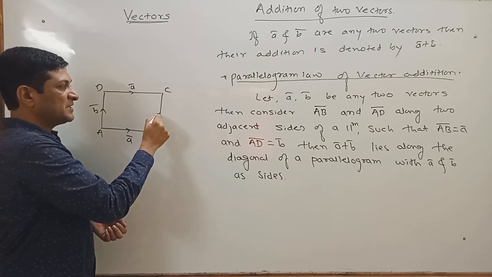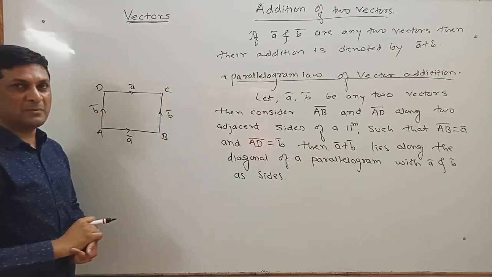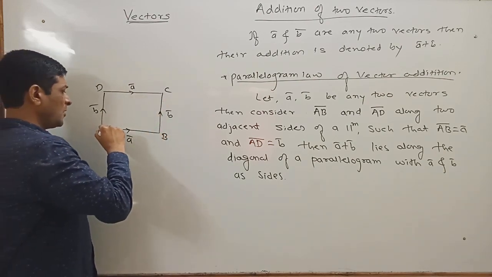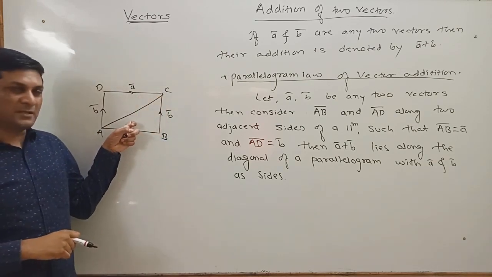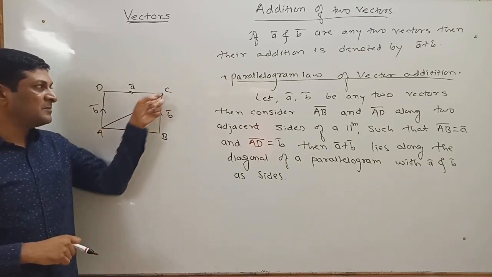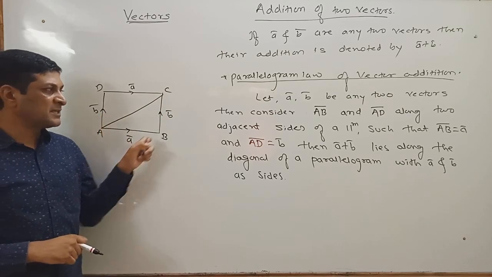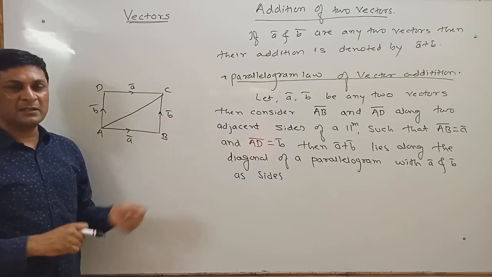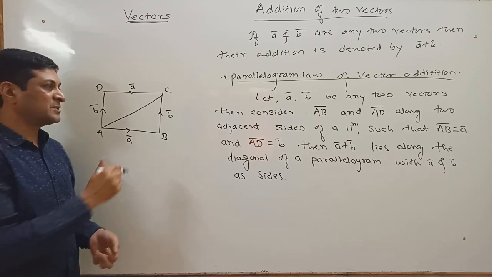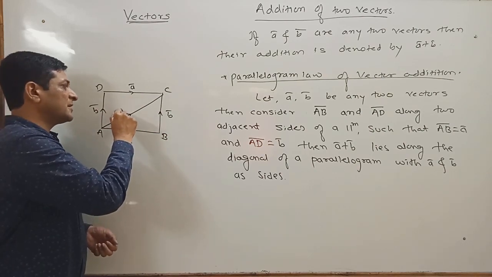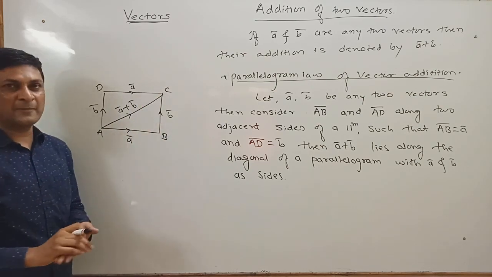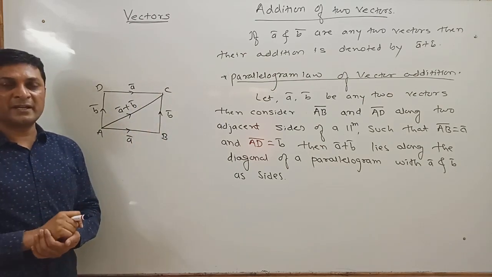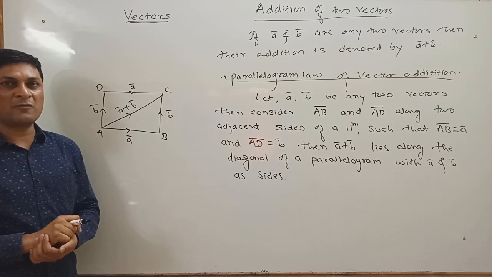In the same way, BC bar will be denoted by B bar. Now draw a diagonal AC bar. Now we have got one triangle here. In this triangle ABC, two sides are represented by vectors A bar and B bar. Then according to the triangle law of vector addition, the third side will represent their resultant, means the third side represents their addition, A bar plus B bar. So what result do we get in the case of the parallelogram law of vector addition?